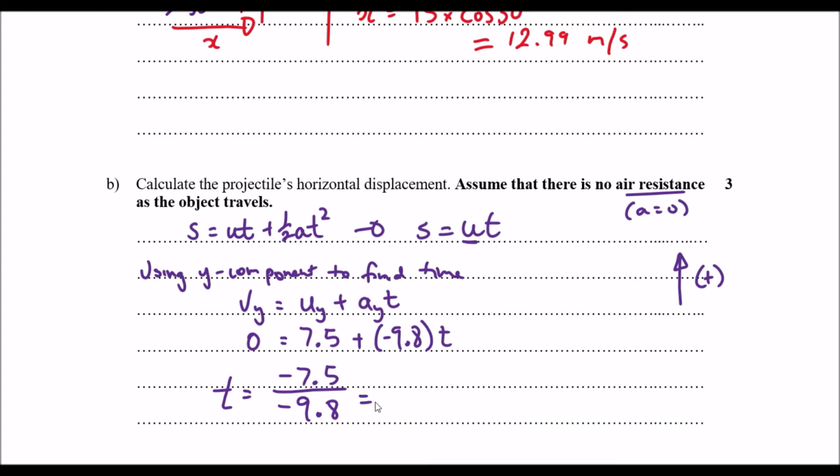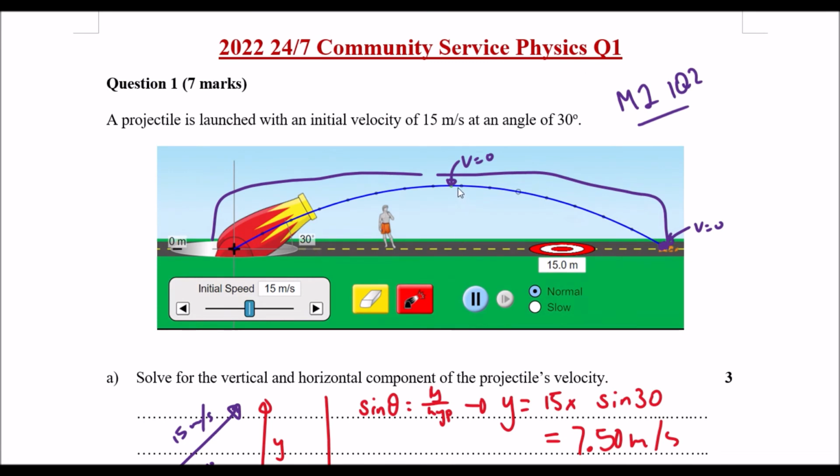Let's see how long that takes. 0.7653. Now, one of the key points I want to highlight here is this is the halfway point, right? So this is the point it takes for it to reach this initial zero velocity.